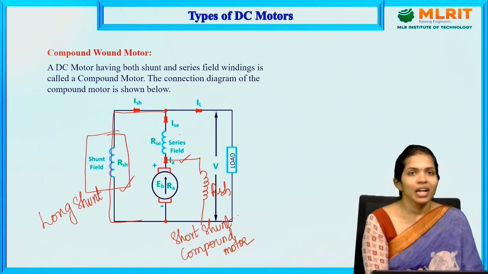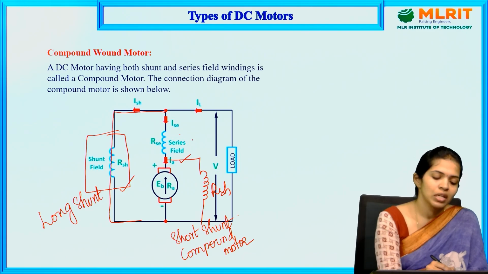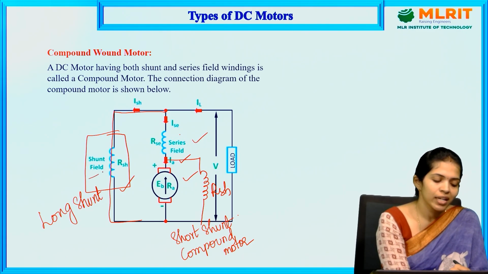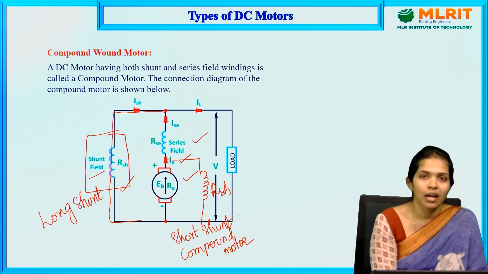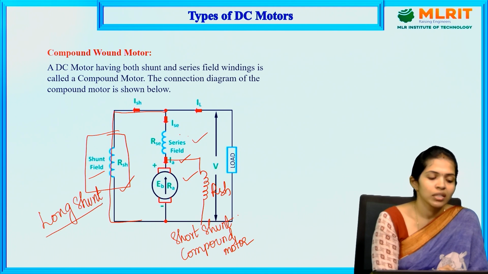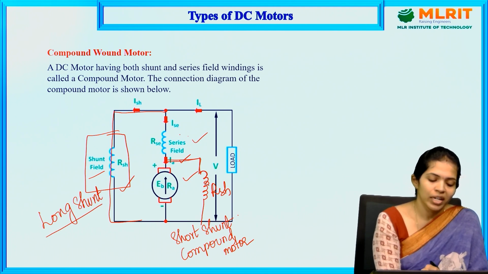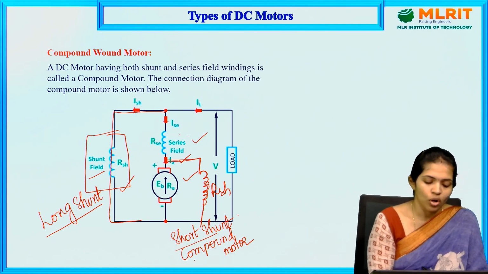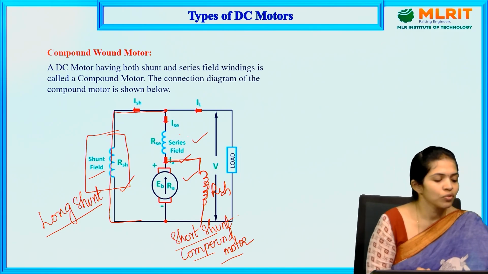So this is one classification of compound wound motors, based upon the connection of the shunt field winding across the combination of series field winding and the armature. Whenever a field winding is connected across the combination of series field winding and the armature, we call it a long shunt compound wound motor. Whenever a field winding is only connected across the armature, we call it a short shunt compound wound motor.